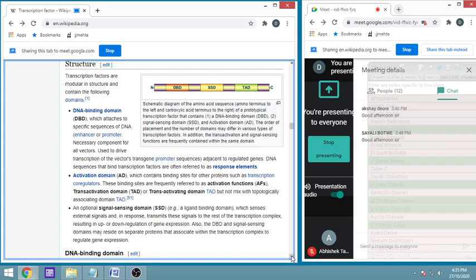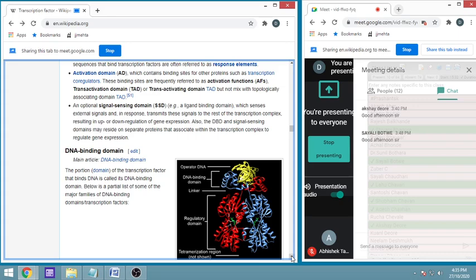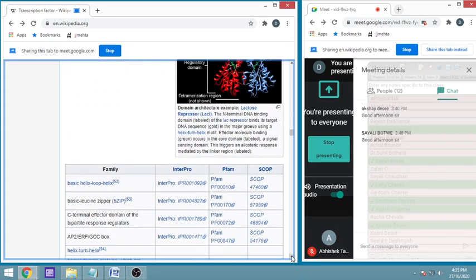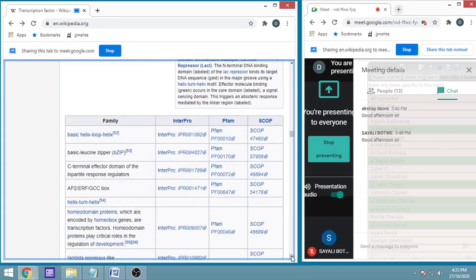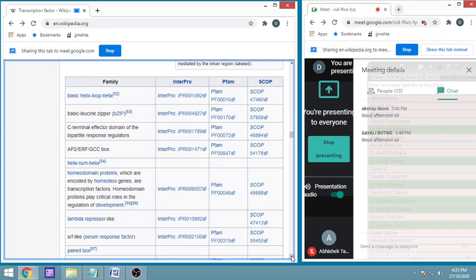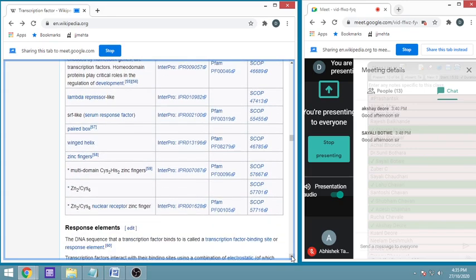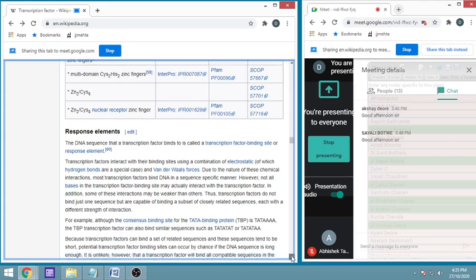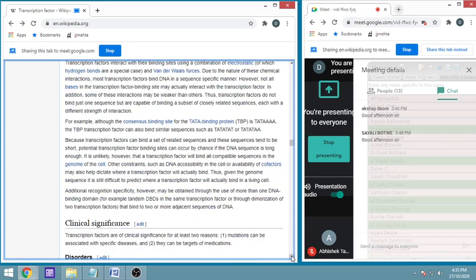We will not go into structural details of every domain, but on that basis there are so many groups and families, and many response elements are present, because of which they cause the changes.